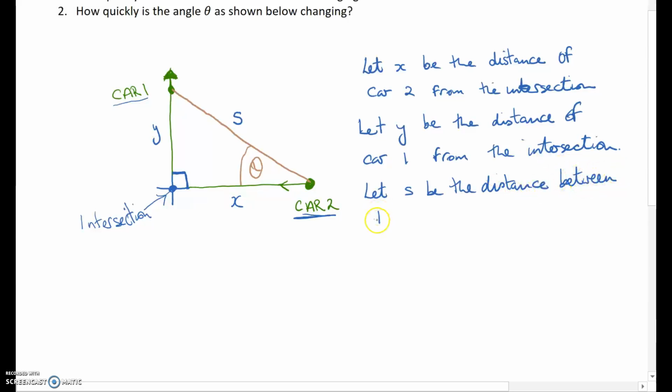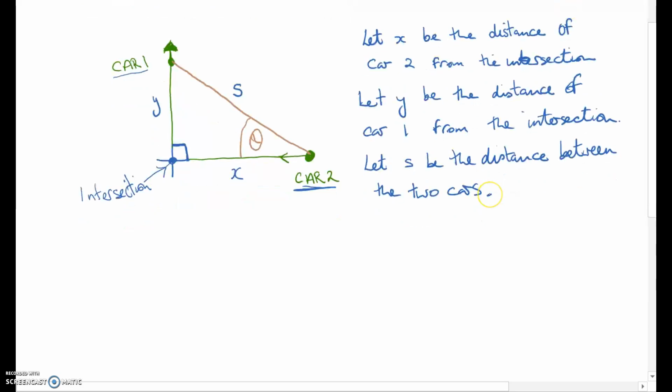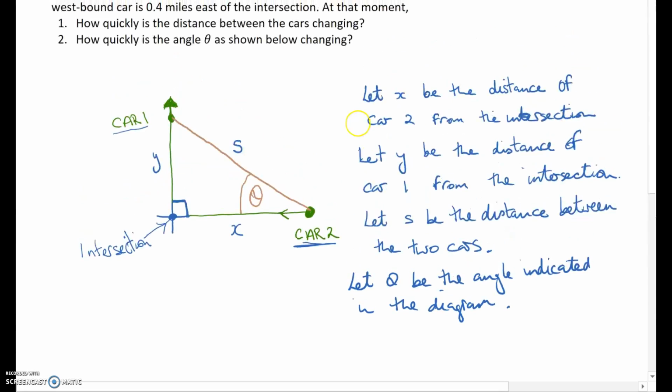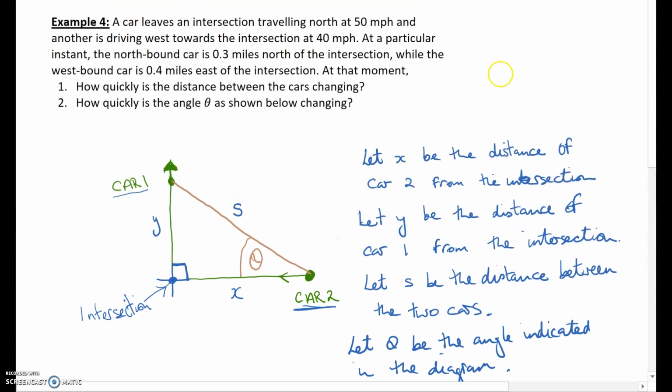And I suppose for completion we should define theta, but rather than go into some long wordy explanation of what theta is, let's just write down: let theta be the angle indicated in the diagram. Okay. Well, let's look and see what we're given here and what we are required to find.